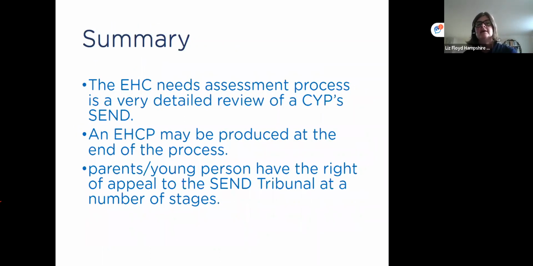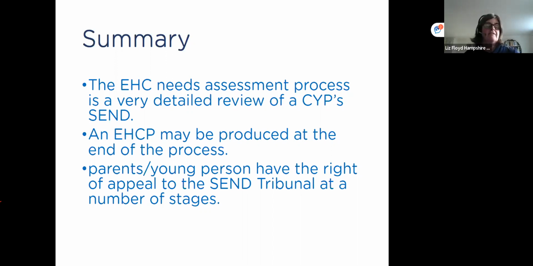That's it really. So the process is a detailed review. The assessment itself is a detailed review of a child's or a young person's special educational needs and disability. An EHC plan, education, health and care plan, may be produced at the end of the process. And the parents or young person have the right of appeal to the SEN Tribunal at a number of stages.